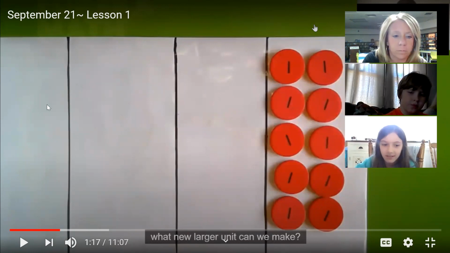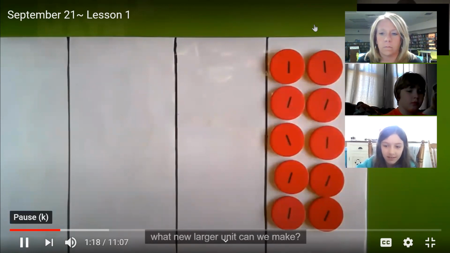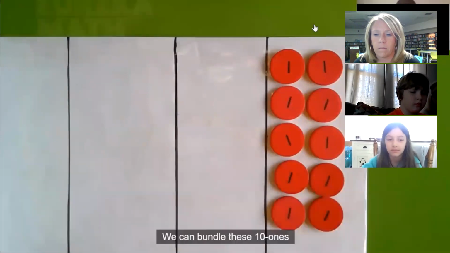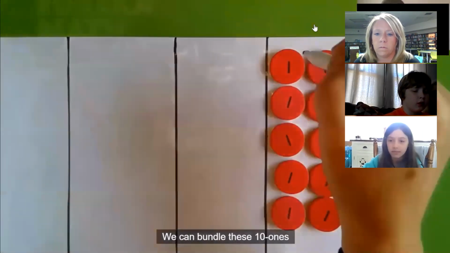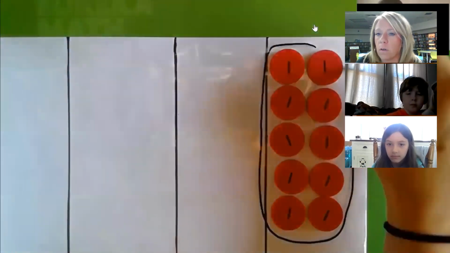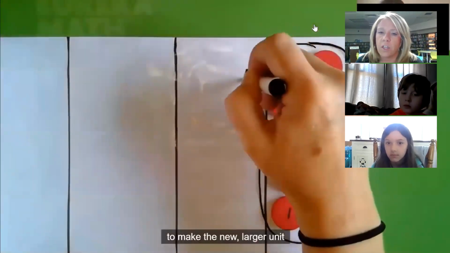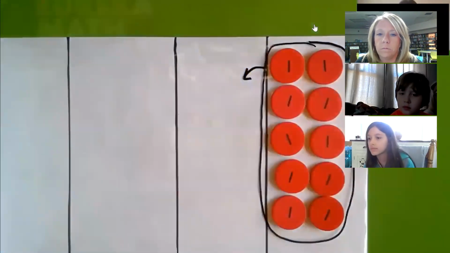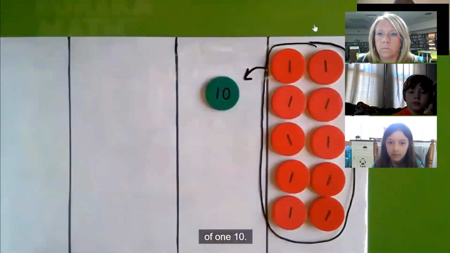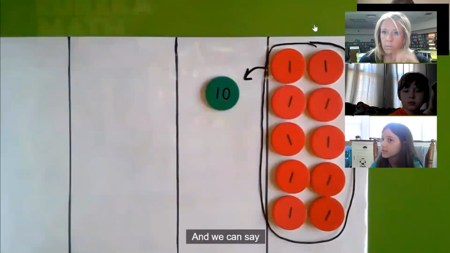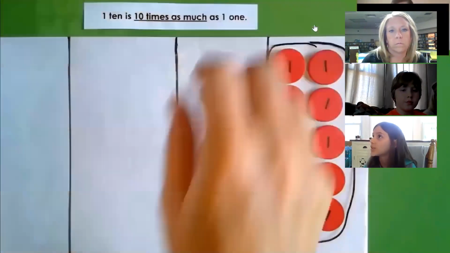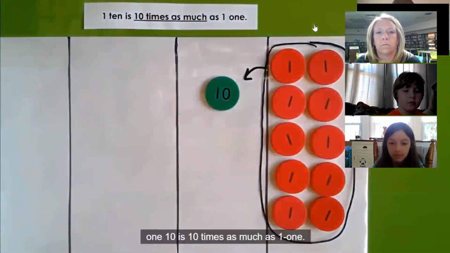Very good, 1 10. Maybe we should put it up closer so we can hear. We can bundle these 10 1s. When we talk about bundling, we're circling to make a new, larger unit, 1 10. And we can say 1 10 is 10 times as much as 1 1.